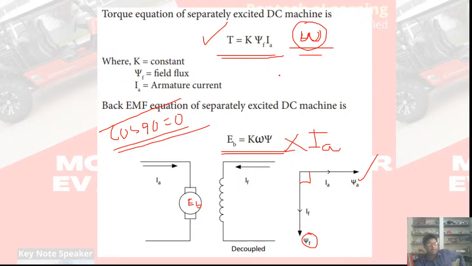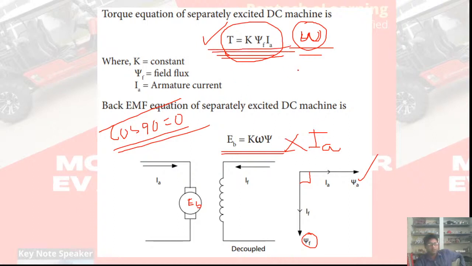Now you see, for induction machine, if I want to control in a decoupled way, which means same as separately excited DC machine, how it is controlled. If I want to do that same thing for induction machine, I have to convert the torque equation of induction machine to this.